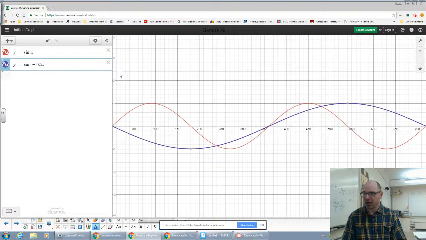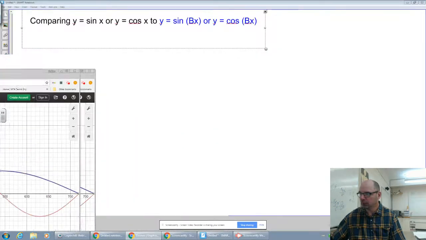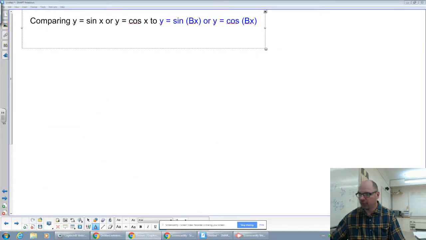Okay, so let's summarize what we found out for the graph. Let's get Desmos out of the way here.